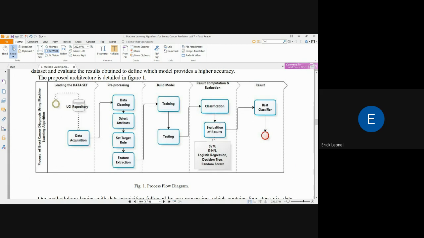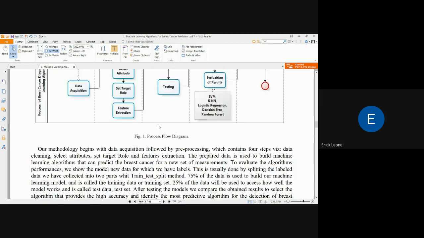After testing the model, the obtained results were compared to select the algorithm that provides the highest accuracy. It was identified the most predictive algorithm for the detection of breast cancer.